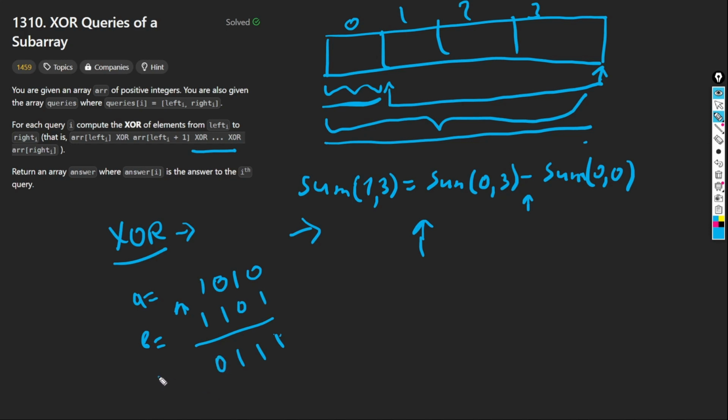Now let's call the result C. Now if you take B, one of the operands, and the result C, and take the XOR of these two, this will give you A. And if you do the same with A XOR C, this will give you B. So this reverses it, just like the addition.